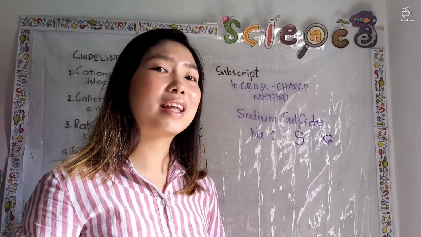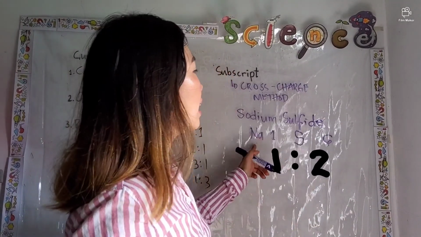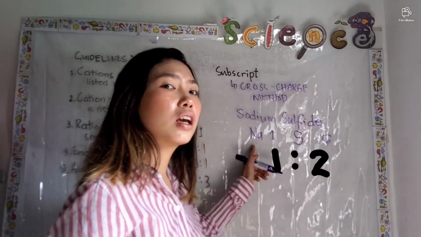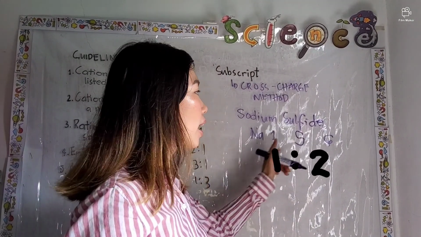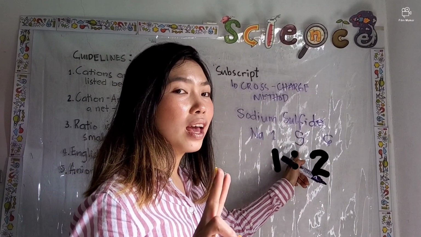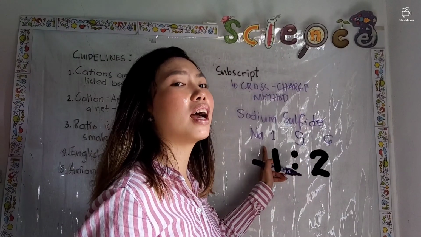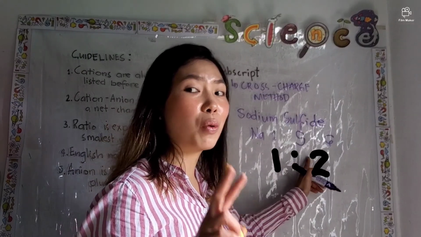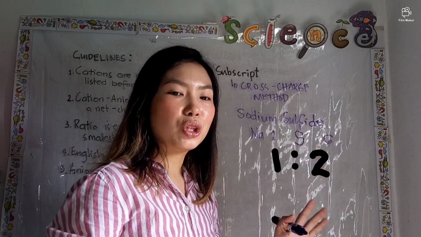So, ito yung sinasabi natin na hindi sila 1:1 ratio. Why? Because Na has only 1 electron to lose, and sulfur has 2 electrons to gain. Sabihin, isa lang ang kaya niyang ibigay. At si sulfur naman ay may dalawang pangangailangan para maging stable ang kanyang atom.